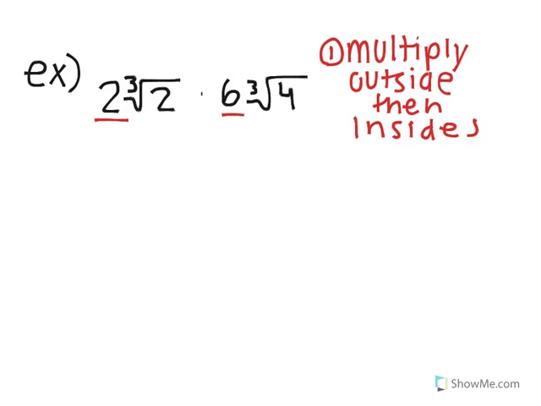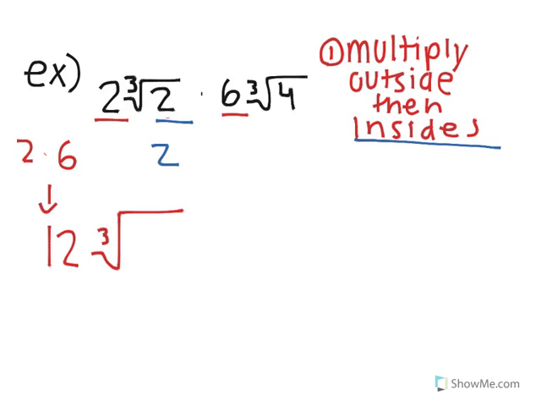Our outsides are 2 and 6, so 2 times 6 is 12, and we have a cube root of 2 times 4, which is 8. And now we're going to simplify.